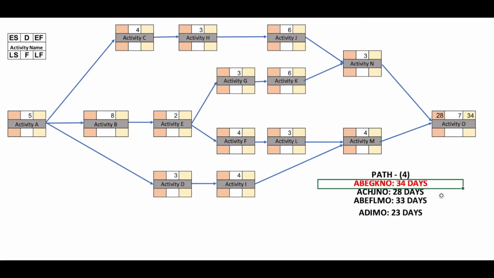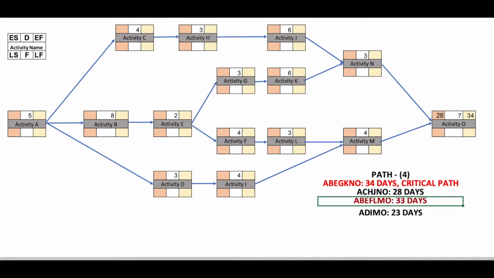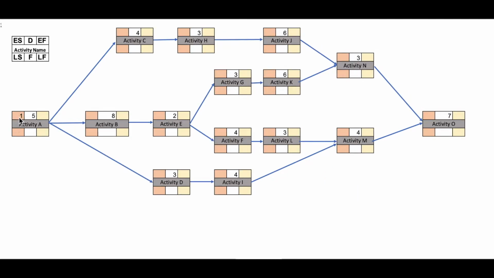So the longest path is 34 days: A, B, E, G, K, N, O. This is our critical path, the longest path. We need a minimum of 34 days to complete this project. The second longest path is 33 days, and then we have 28 days and 23 days.